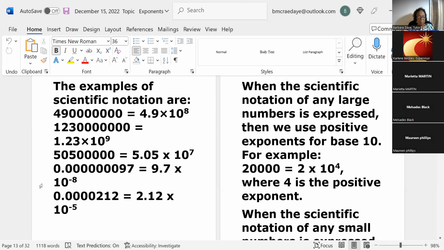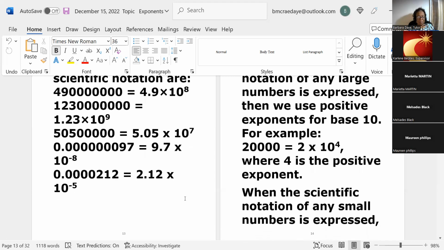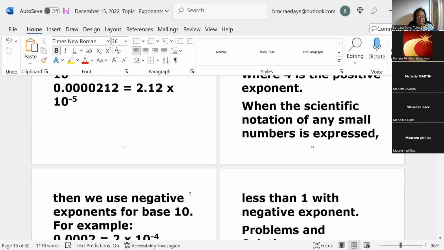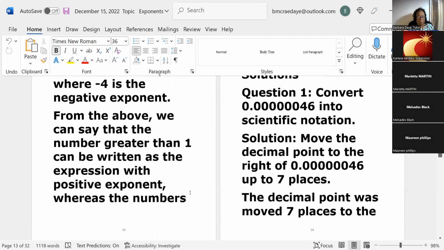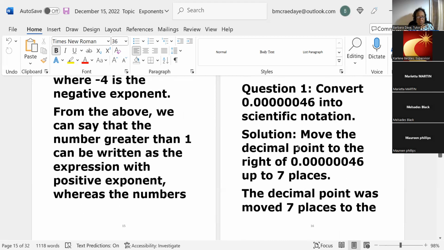Here again, small number, move it between the 2 and the 1. And how many places did you move it? 4 zeros and a 2. That's negative 5, because you moved it to the right. Here's another one. Small number. You want to move between the 4 and the 6.